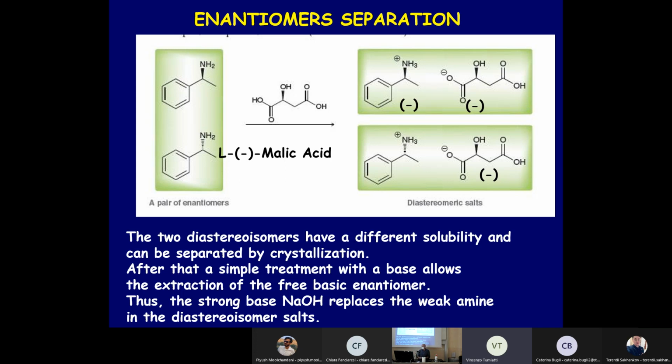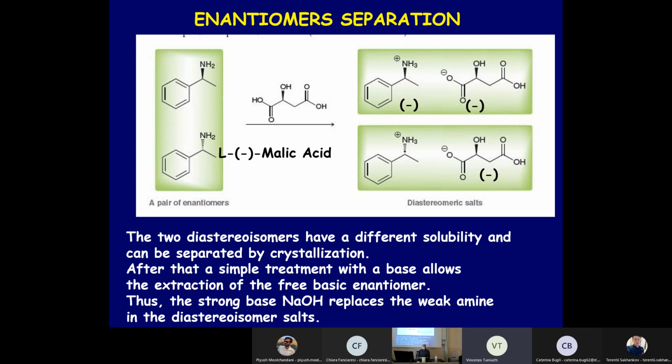And so when we have the crystals, we can treat the crystals with a base. The strong base is able to release the weak base, and by extraction we have the pure enantiomers. This is just to remind you how to make a separation of two enantiomers.